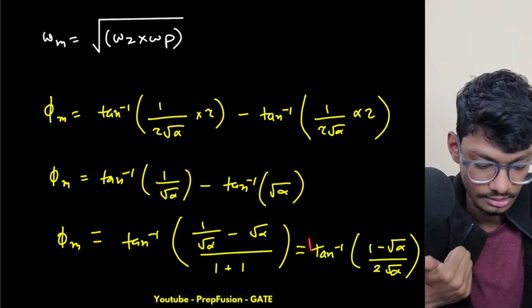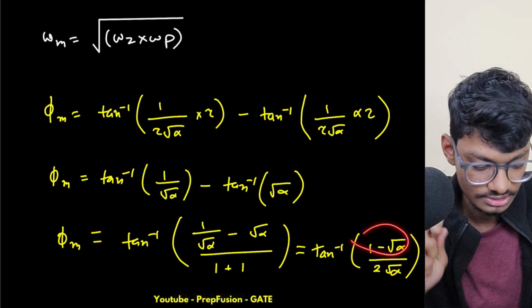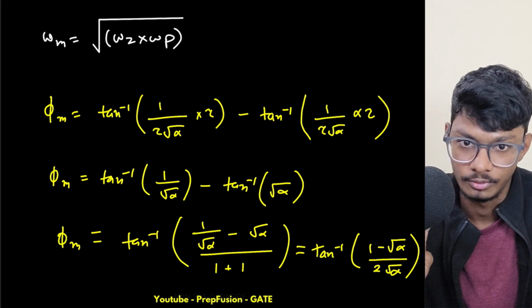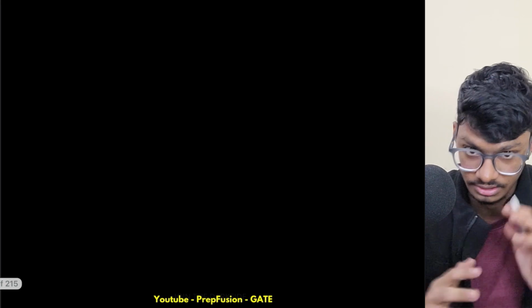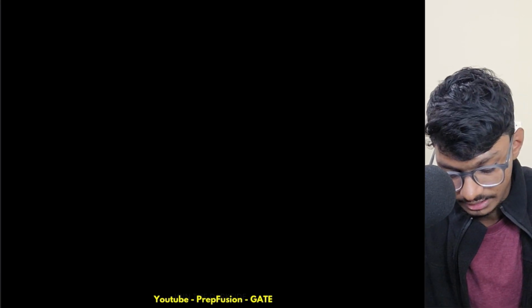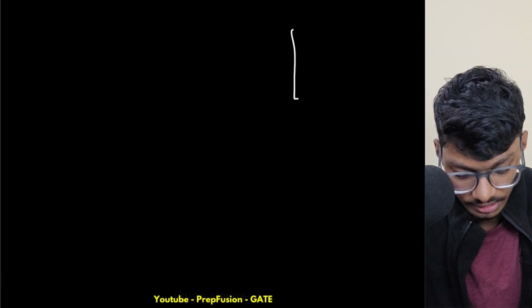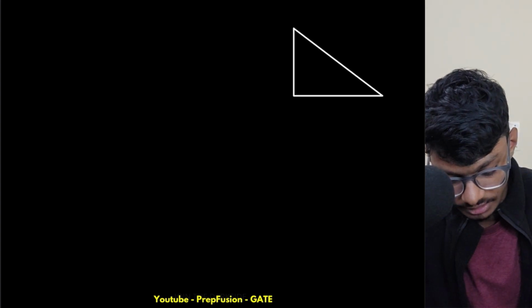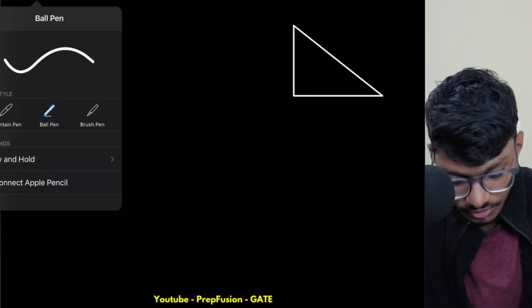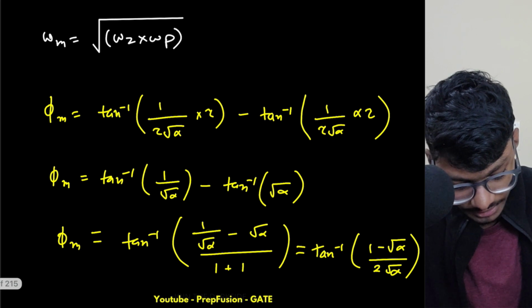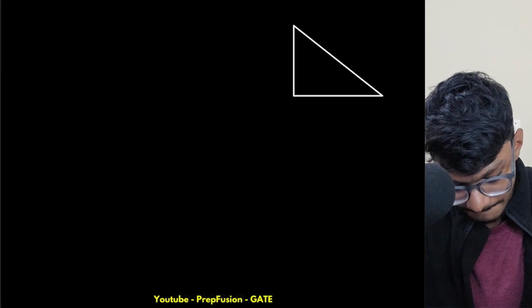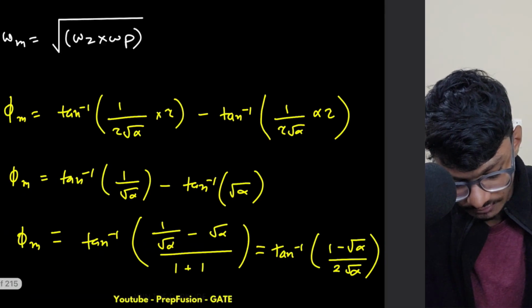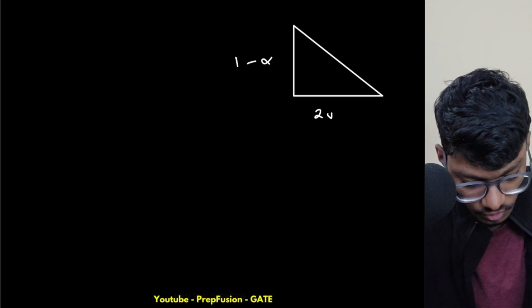Now obviously we can't remember this. How to remember this? Tan theta is altitude upon base, right? So if tan theta is this, I can simply draw a triangle and derive it in simpler terms. It is height upon base. So the height is 1 minus alpha, and the base is 2 under root alpha.